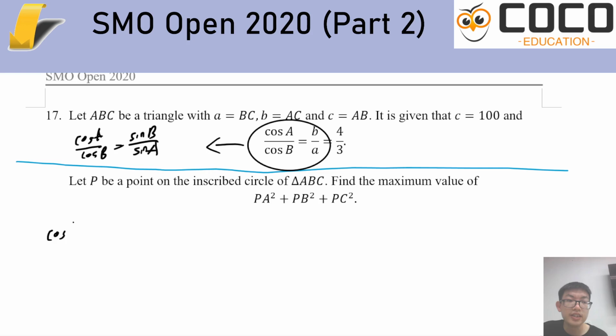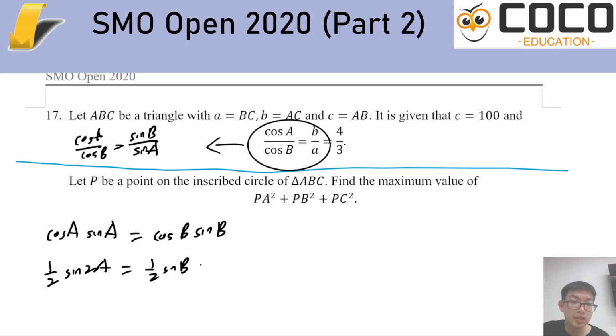Okay, let's write it out. Cos A sine A equals cos B sine B. This is A and A on one side, B and B on one side. So I can use my double angle. Cancel the half.